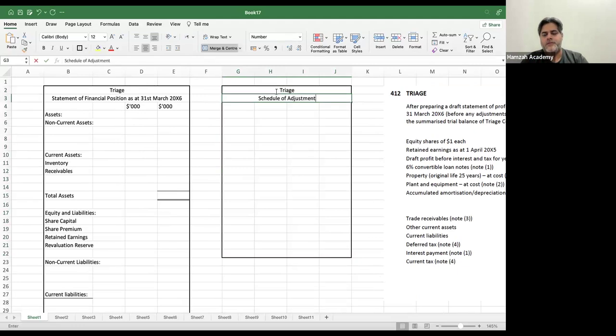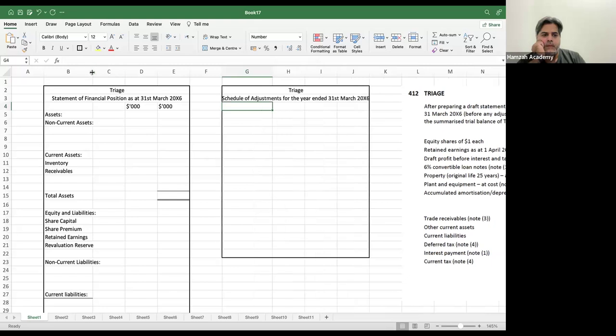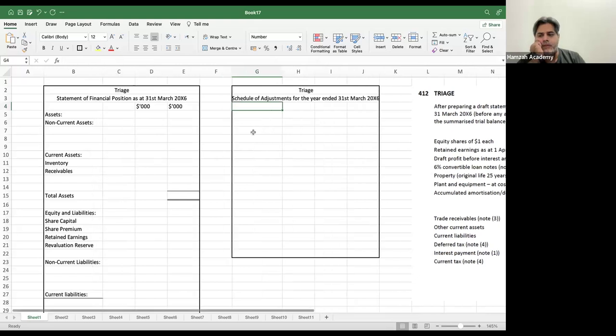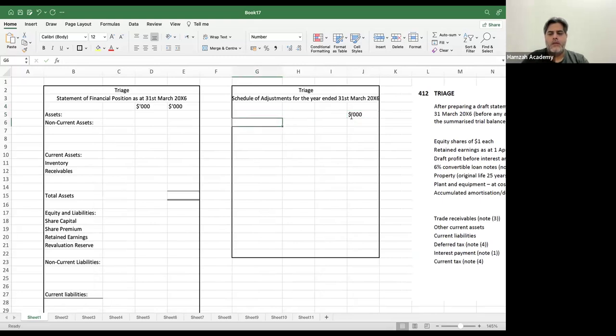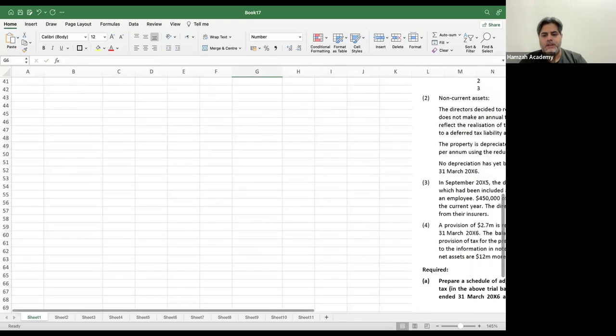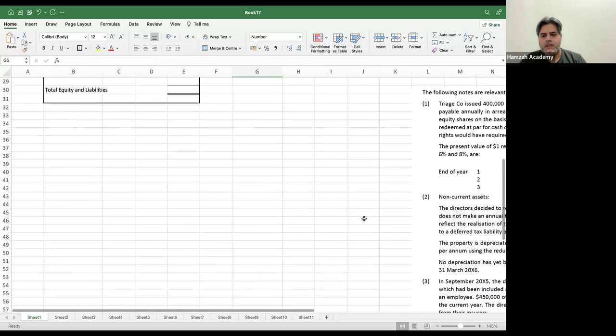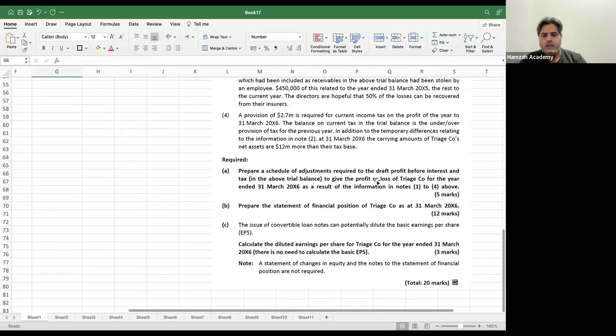Schedule of adjustments for the year ended 31st March 2026. And this is how we're going to go. It said for the draft profit before interest and tax in the above trial balance.